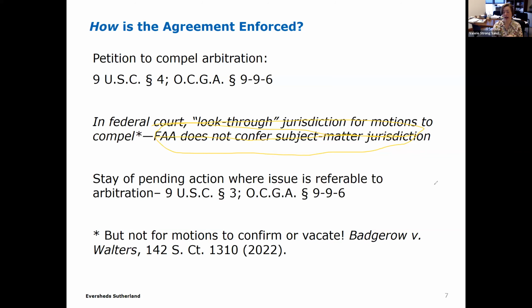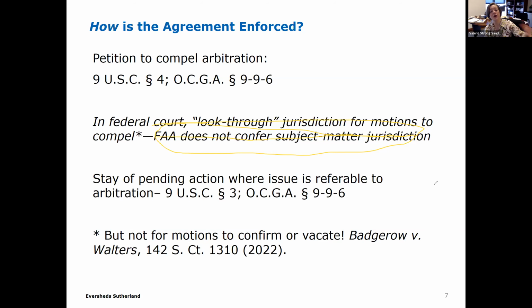At that point, and I suggest everyone take a look at Badgerow, it's a pretty short opinion, an arbitration award is sort of the dispute. It's almost like a merger clause. The underlying dispute doesn't matter anymore. It's just the dispute between you about the enforceability of this, in my example, $1 million award.